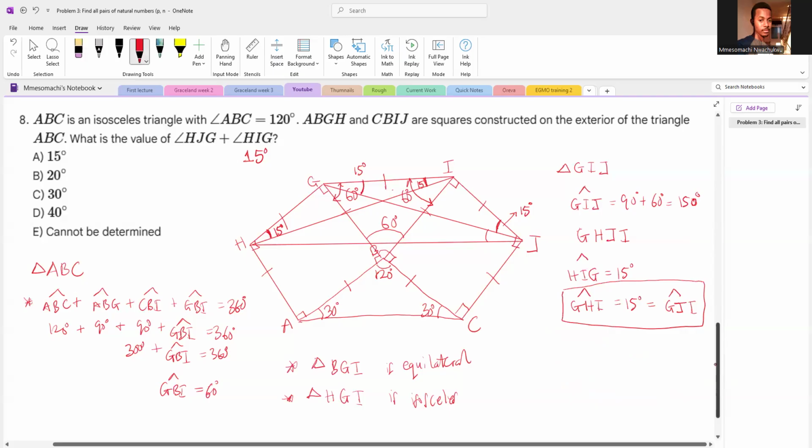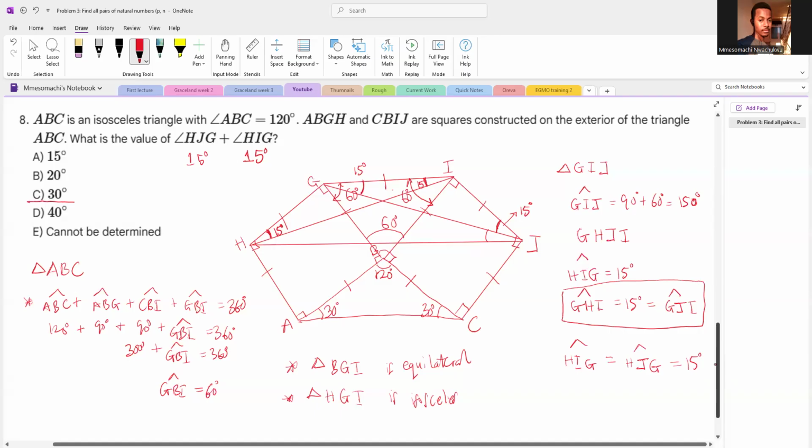Since the cyclic quadrilateral, we can get that angle subtended by the same chord. So angle HIG is going to be equal to angle HJG, which is already 15 degrees. So after these two angles, we want to sum them up. So 15 degrees plus 15 degrees gives us 30 degrees. So our answer is going to be option C, 30 degrees.